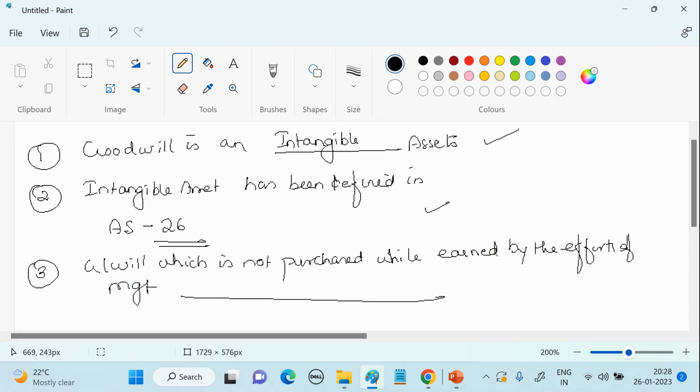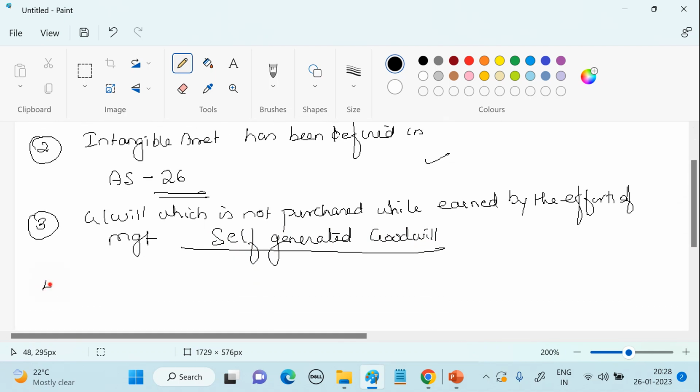The other one is self-generated. Very good. Self-generated goodwill. This goodwill is never recorded in the books. It is purchased goodwill which is recorded in the books. Then, what is the formula for super profit? Average profit minus normal profit. Very good.